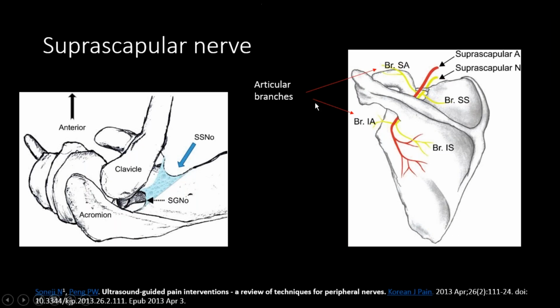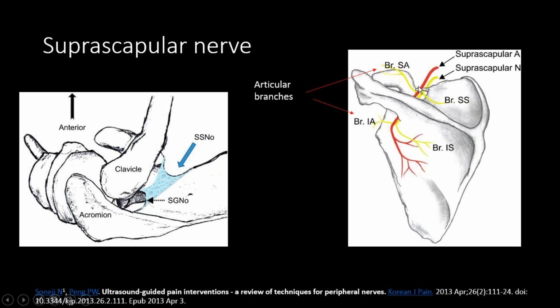So suprascapular nerve originates from C5, C6, has C5, C6 innervation, and it travels posteriorly, going through the suprascapular notch and spinoglenoid notch. And as it travels, it also gives off some articular branches, superior articular branch and inferior articular branch.